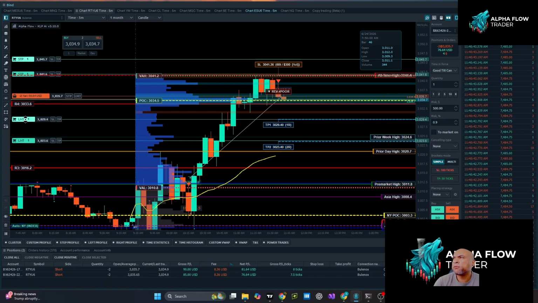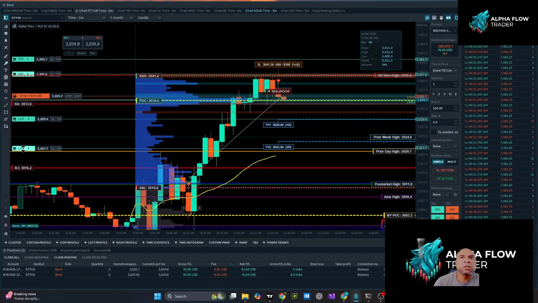So what do we have? As far as TP1 goes, 3029 is our first TP, and my second TP is actually going to be prior day's high, which was at 320.